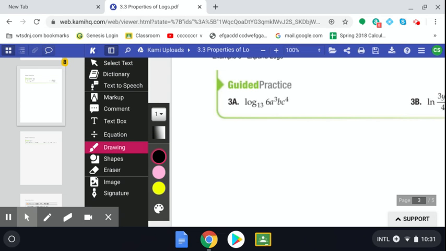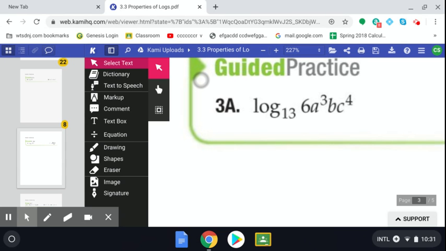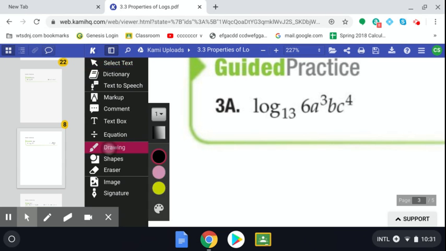You have log base 13 of 6a cubed bc to the fourth power. So I'm going to start with anything that is being multiplied there. I know that 6a cubed means 6 times a to the third power. Okay. So I can think of these as separate entities here. Okay, so instead of multiplying, I'm going to change that to addition, and I am going to write log base 13 for each one of them.